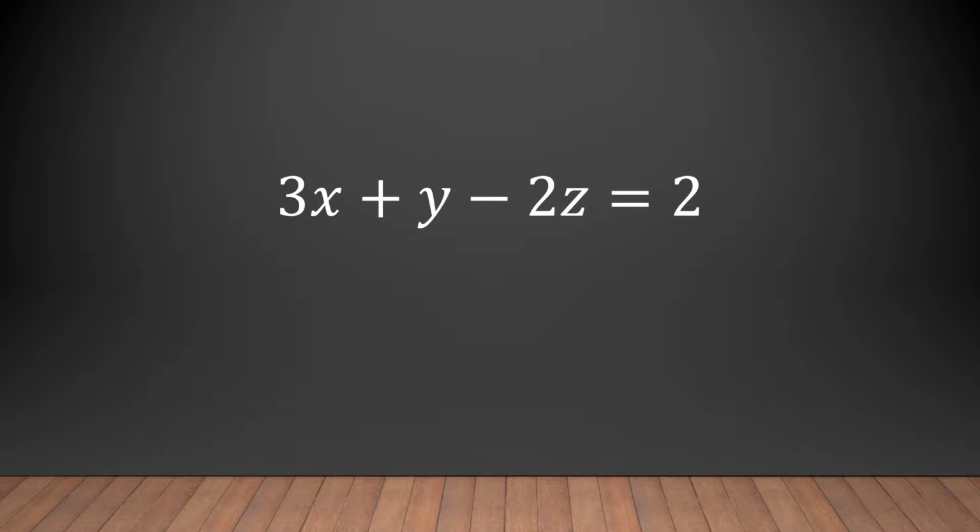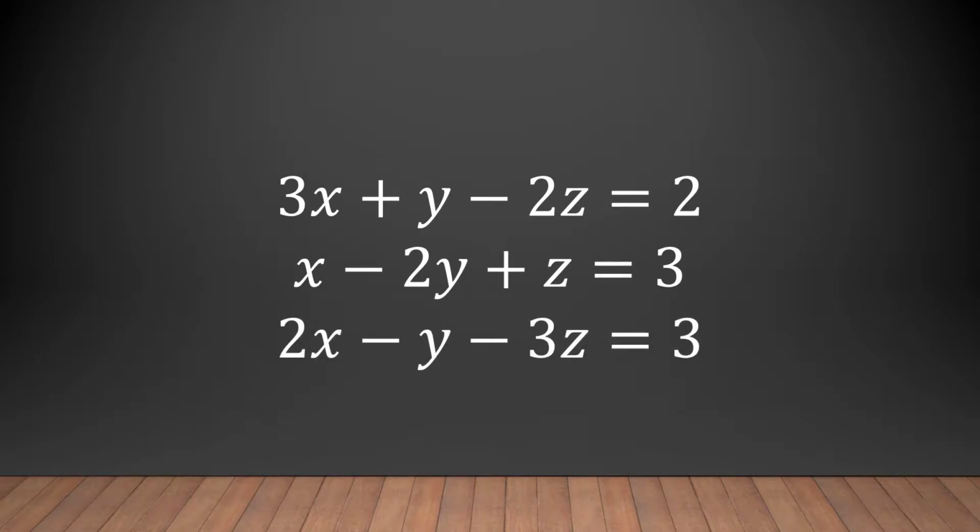So here's a 3 by 3 system. 3x plus y minus 2z is equal to 2. x minus 2y plus z is equal to 3. And 2x minus y minus 3z is equal to 3.